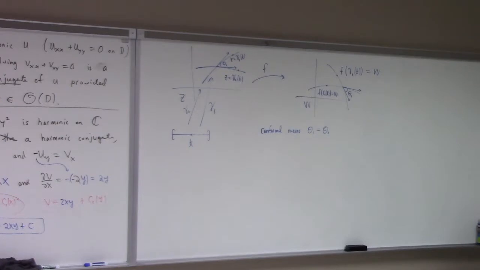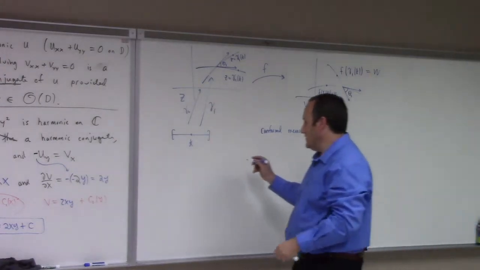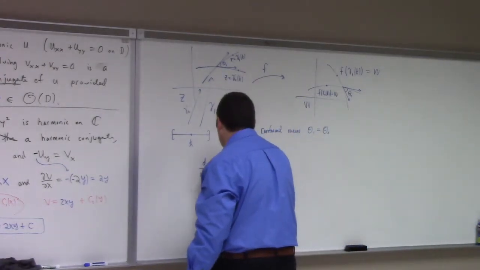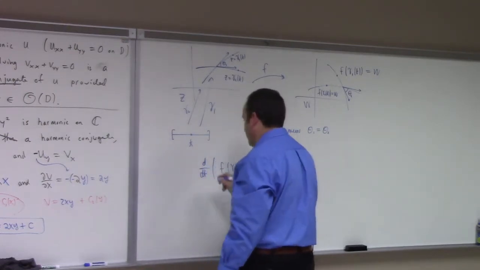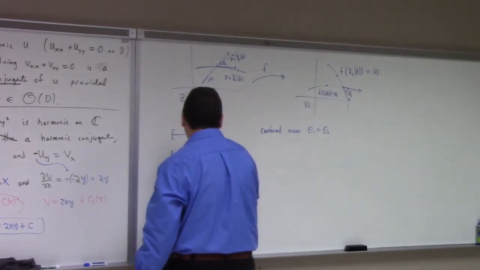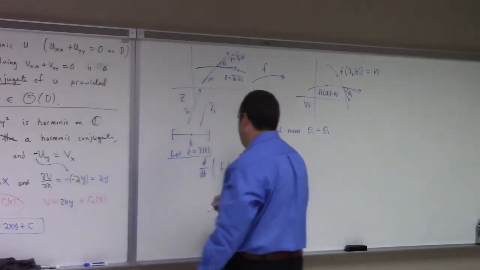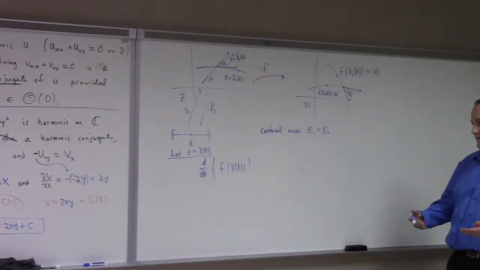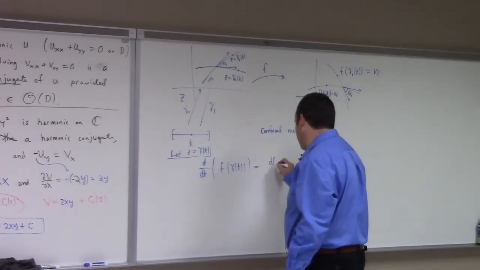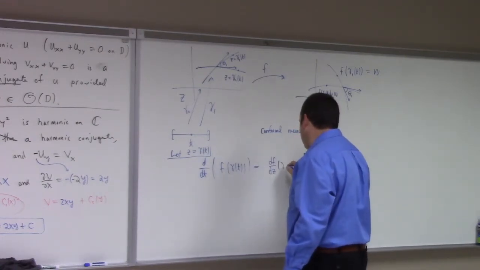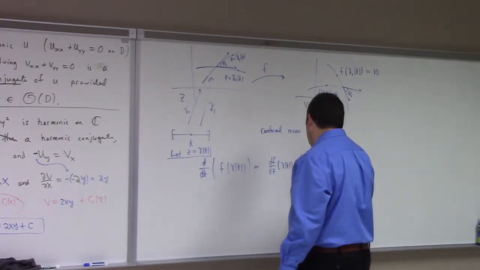All right. So the reason that a mapping f, which is complex differentiable, has this conformal property is as follows. If we differentiate f of gamma of t with respect to t, basically I'm saying let z equal gamma of t. So we're looking at a path. We're looking at d/dt of f of gamma of t. Then there's a chain rule, and the chain rule simply says that this is df/dz, that's the complex derivative, evaluated at the path gamma of t, and then you multiply by d gamma/dt.